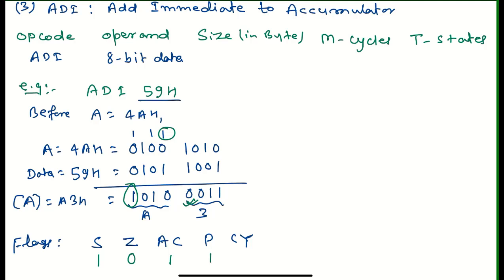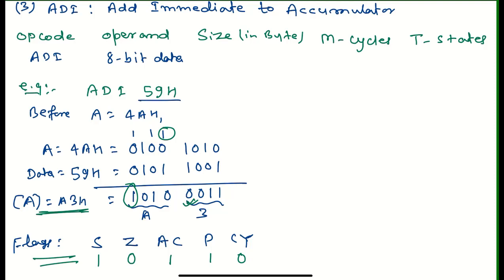And there is no carry generated from the MSB side, so that is the reason this carry flag will be 0. So this is the impact after performing this addition: the content of the accumulator will be modified to A3H, and the flags will be modified in this fashion.